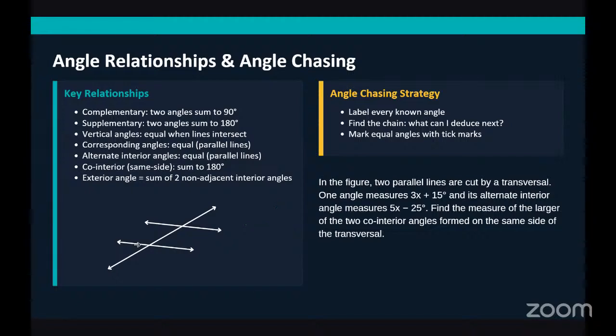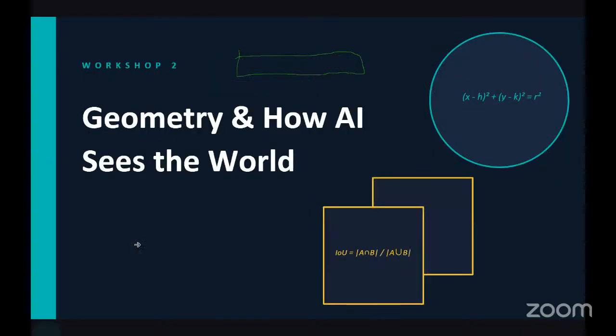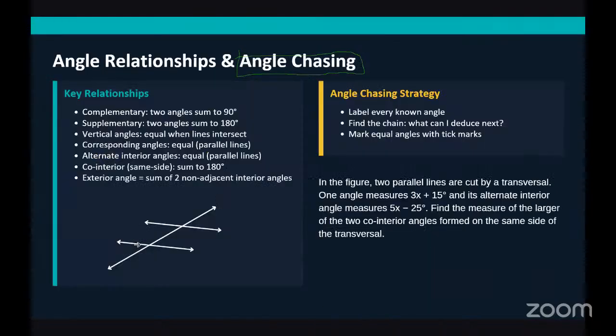So angle chasing is an important strategy in contest math, because a lot of times you're going to be able to find a side or find something. By using angle chasing, you would be able to find everything you would need, and hopefully using that, you would be able to find a side, or if the question said to solve for an angle, that would be sufficient too.